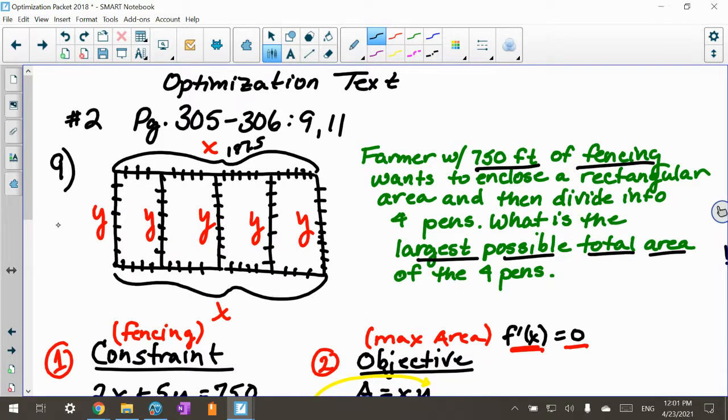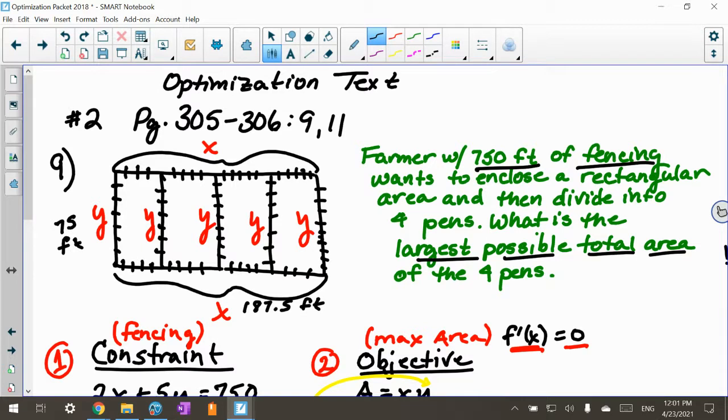And each of the y's are 75. They all add up to 750, and that's going to give us the maximum area. This looks a little messy, so maybe I'll put it down here, because it's so close to this. It's 187.5 feet, and this is 75 feet.